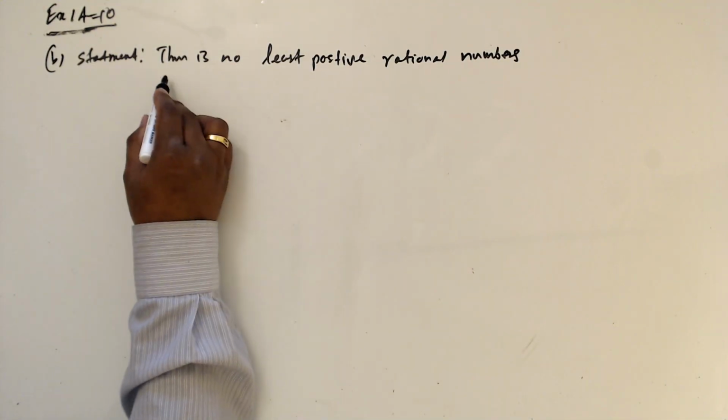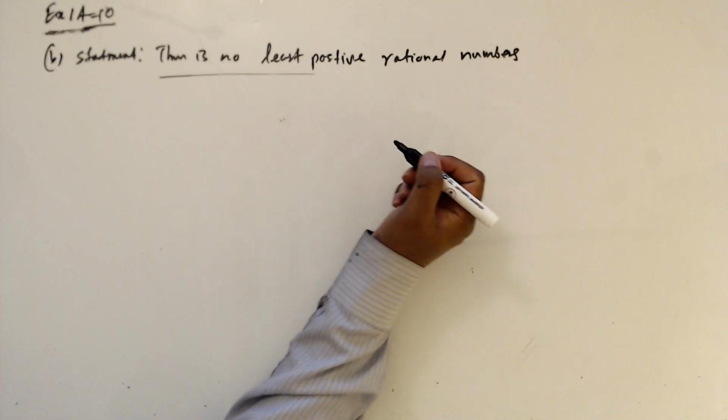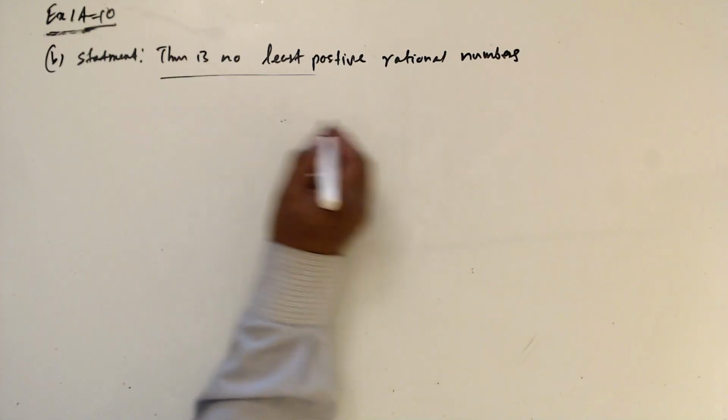So we want to show that there is no least positive rational number.